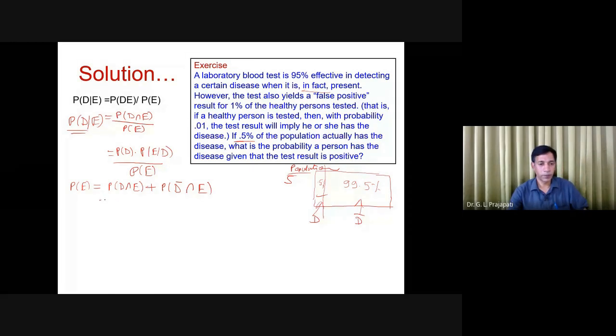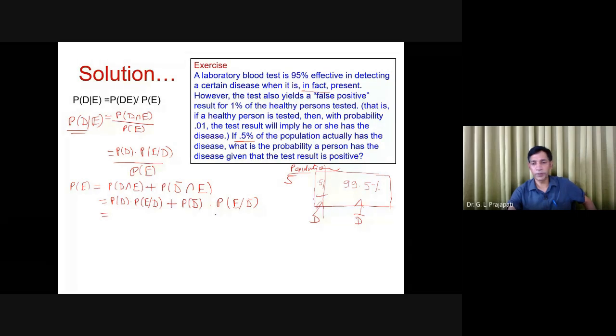You can compute it as probability of D times probability of E given D, plus probability of D complement multiplied by probability of E given D complement. And you can substitute here.